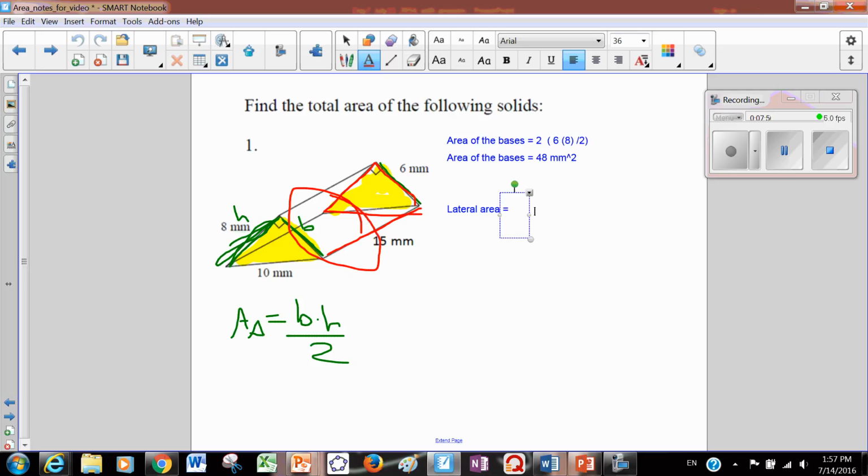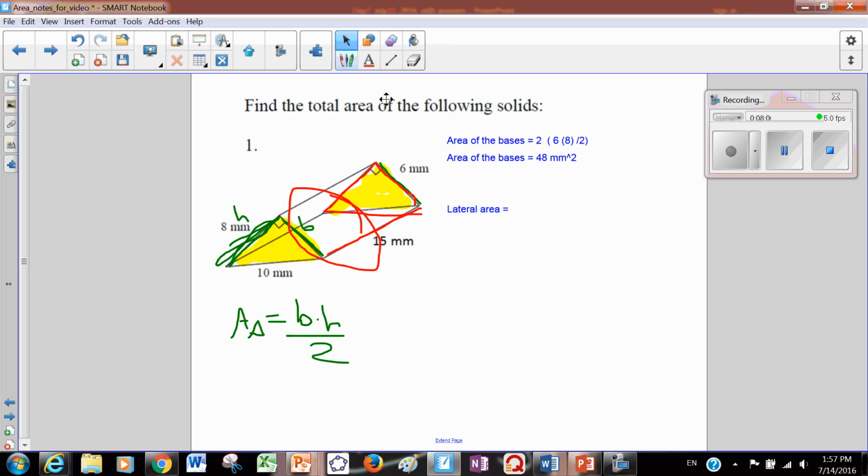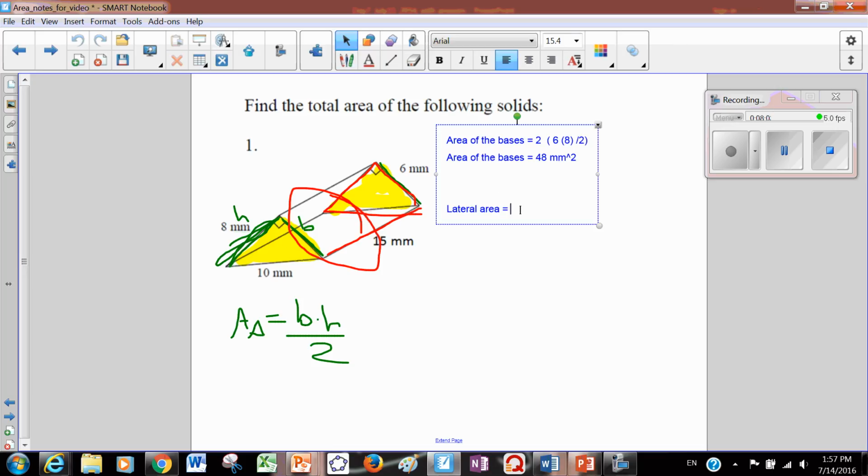The lateral area is the perimeter of the base times the height of the prism. So we can write lateral area. The perimeter of the base is 6 plus 8 plus 10 times the height.